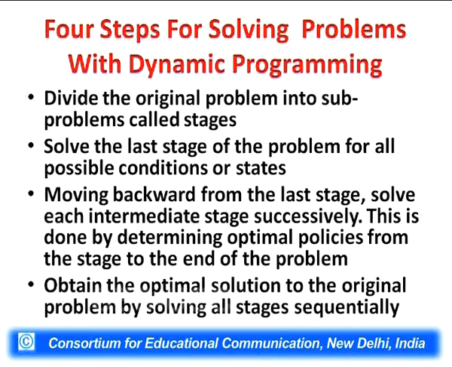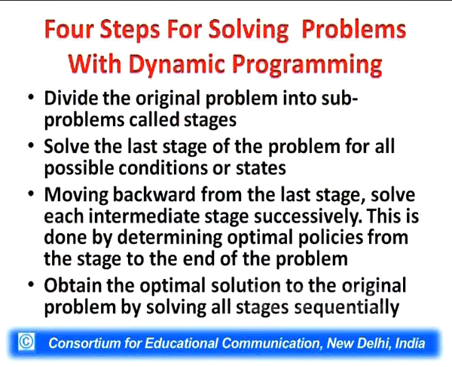We are starting from the last stage and we have to go to the first stage, and at each stage we have to take the optimal decision to get an optimal solution till we reach the first stage. Starting from the end stage, we have to reach the first stage, and this is the third step which has to be followed to get a solution to the problem.